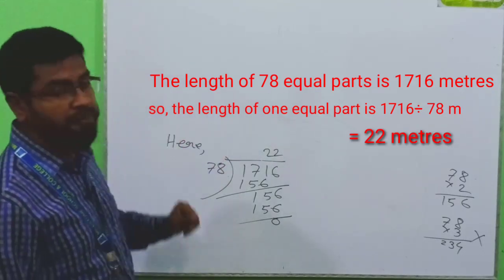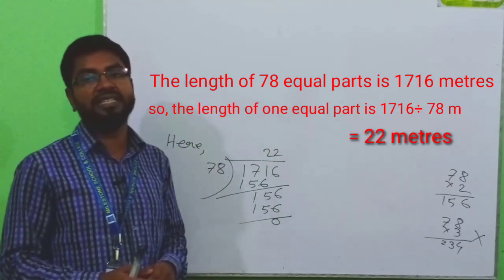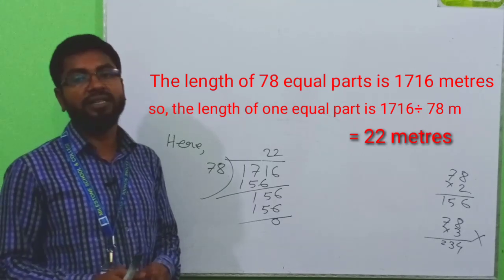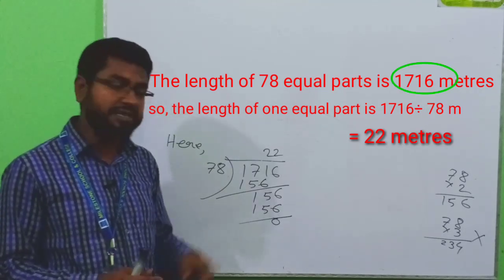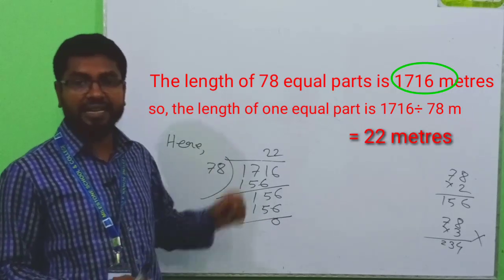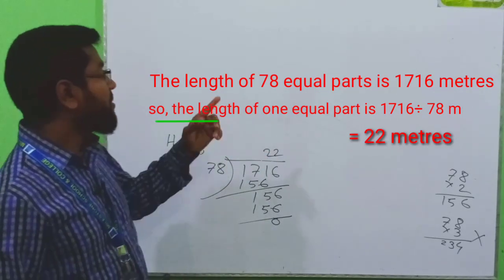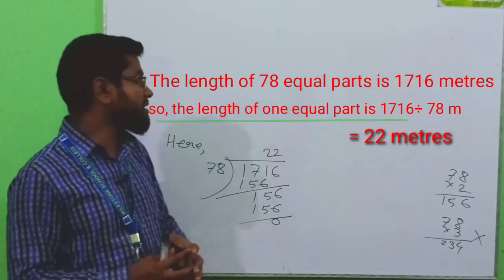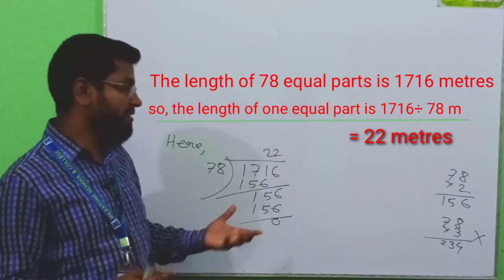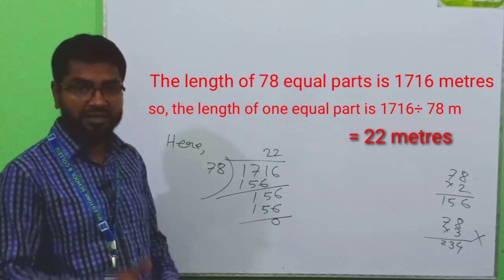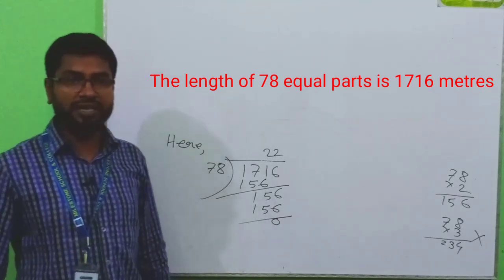So I have written the length of 78 equal parts is what? 1716. Then in the second line I have written the length of one equal part is 1716 divided by 78. Then rough work, then I got the answer. Yes, good. Thank you.